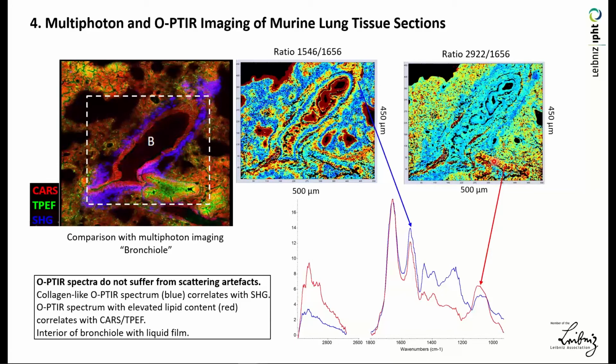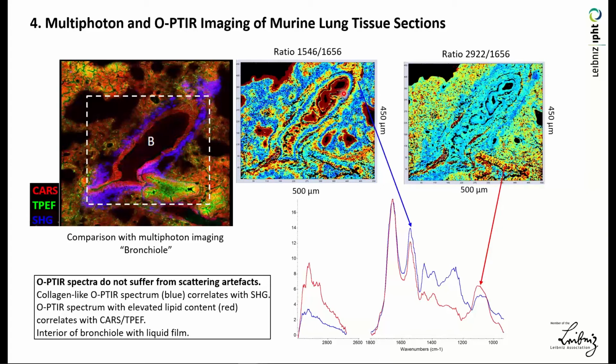Then here a nice contrast is obtained for this feature, which also has a high two-photon excited fluorescence contrast and also a high CARS contrast. So there is a nice agreement between these features in this multiphoton image and the O-PTIR image.